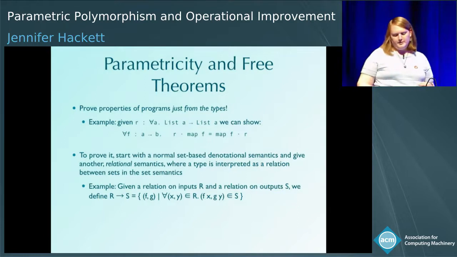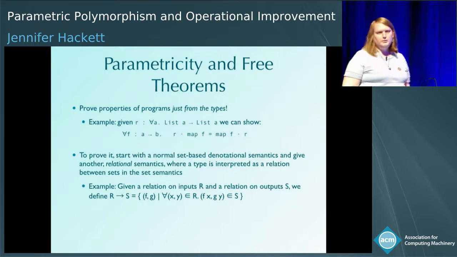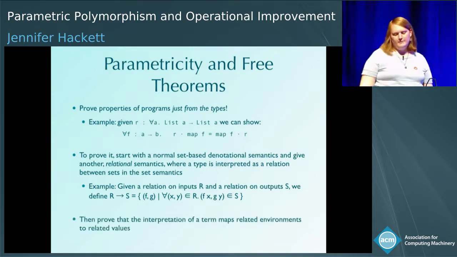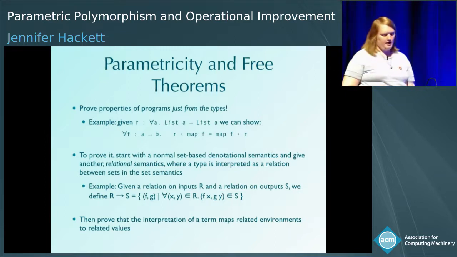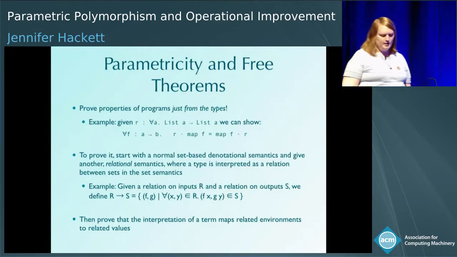And once you've got interpretations of relations like that, then you just prove that related environments get mapped by interpretation to related results, which you usually do by some kind of inductive proof.